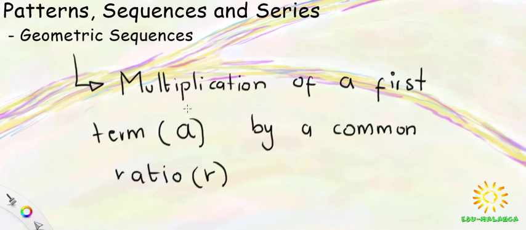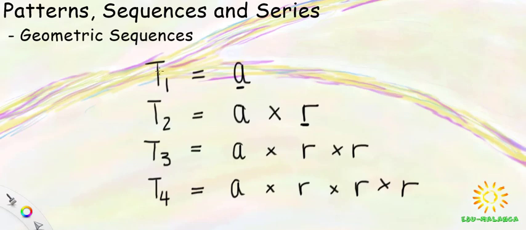There's three things to note in this definition, and that's multiplication, that's the first term A, and that's the common ratio R. These are the things to remember when working with geometric sequences.